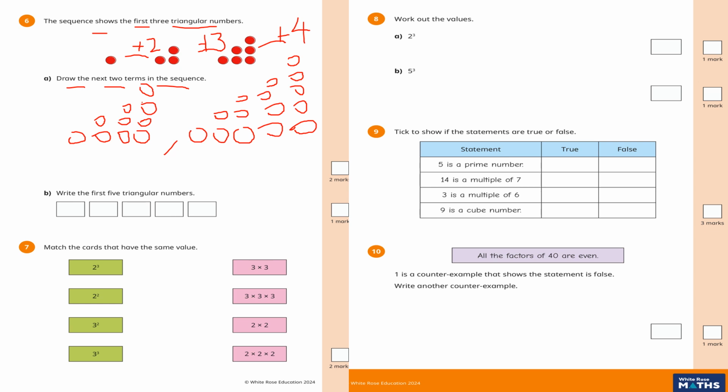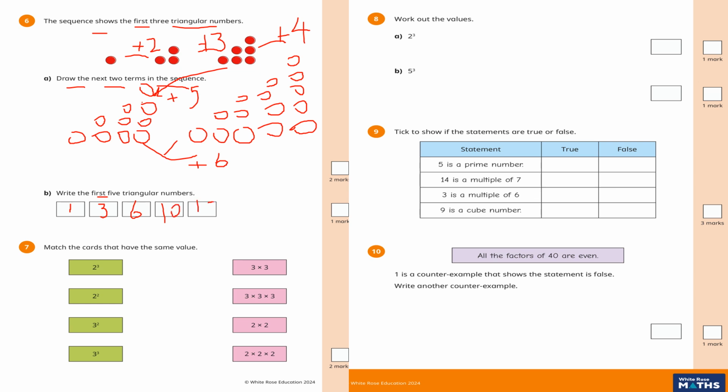From here to here, I've added 5, and then from here to here, guys, I've added 6. So part B, write the first 5 triangular numbers. That'll be 1. Can you see 1 there? Then you've got 3. Then you've got 6. Then you've got 10, if I'm not mistaken. And then you've got 15.